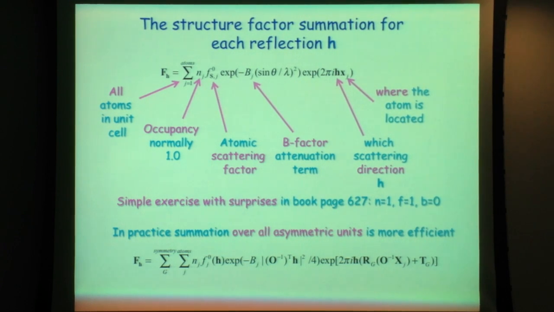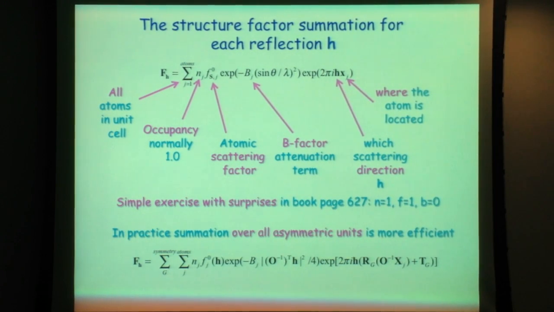So if the symmetry were along the B direction in a monoclinic case, say P2, then for every atom at XYZ, or every molecule at XYZ, we would have another one at minus X, Y, minus Z for the twofold operation.